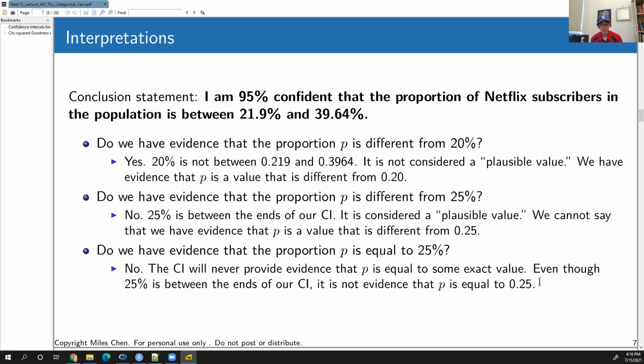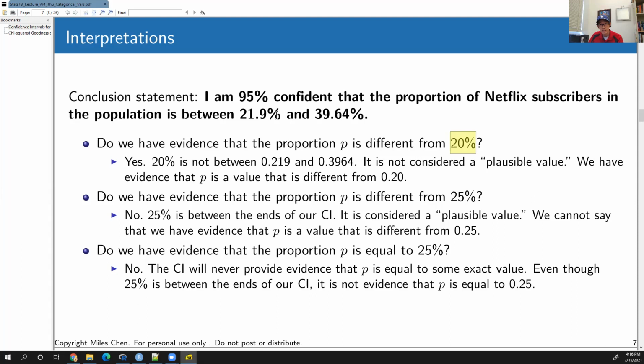I think we've become accustomed to these questions by now, so I just have them up here and we can go through them. Do we have evidence that the population proportion P is different from 20%? What we do is look for whether 20% is within my interval.